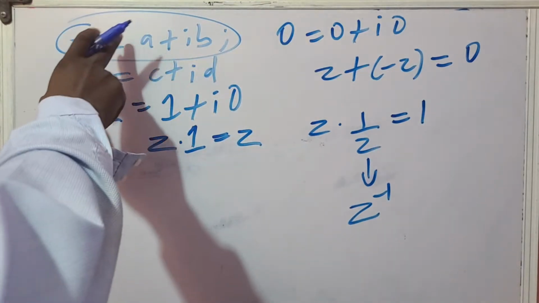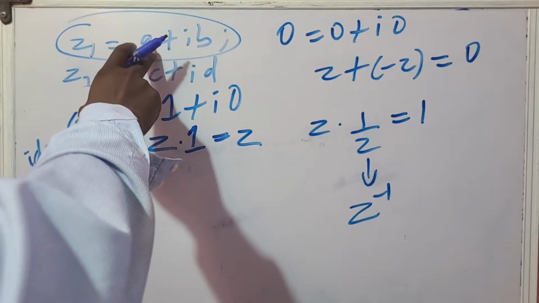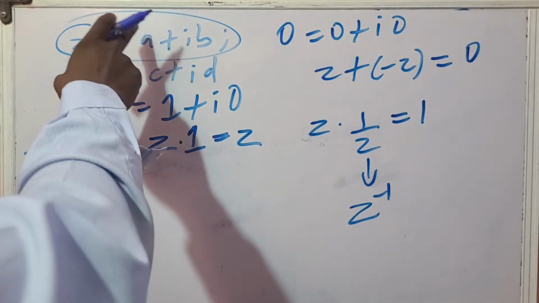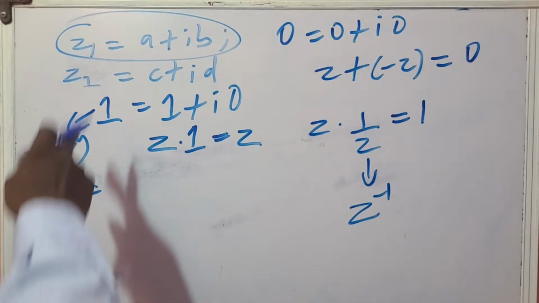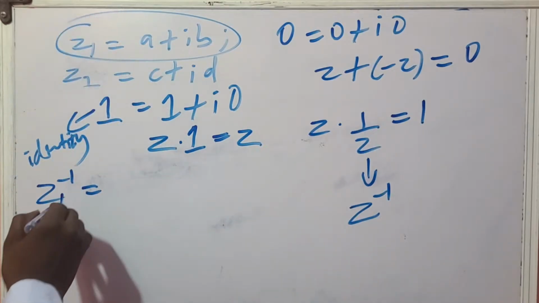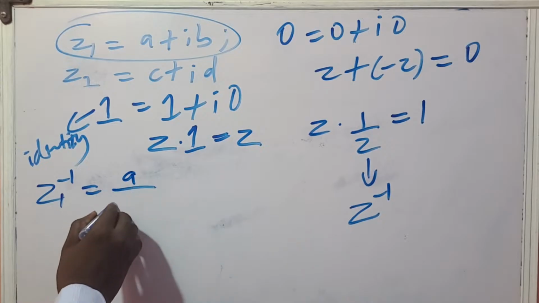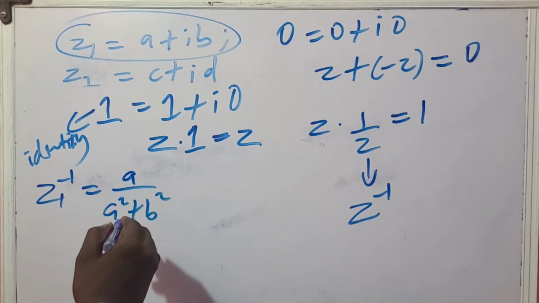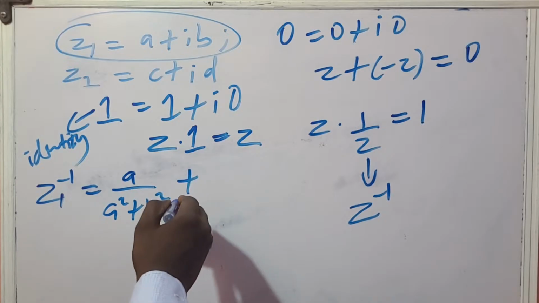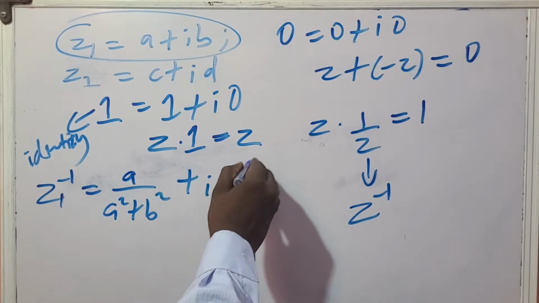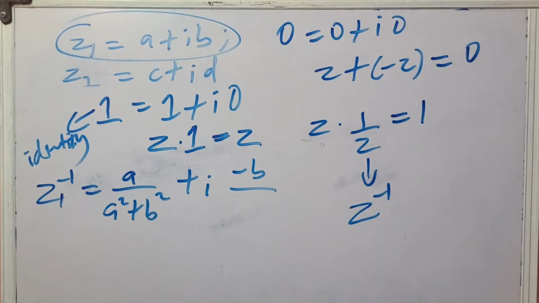So I'm using that of this particular Z1, which is a plus ib. If I wanted to find the multiplicative inverse of this Z1, it will be a over a squared plus b squared. You'll be seeing this in the equation very soon. Plus i times minus b over a squared plus b squared. You need to write this down and know it.